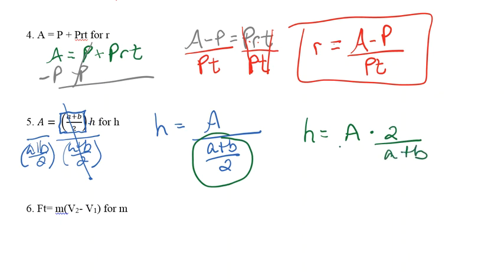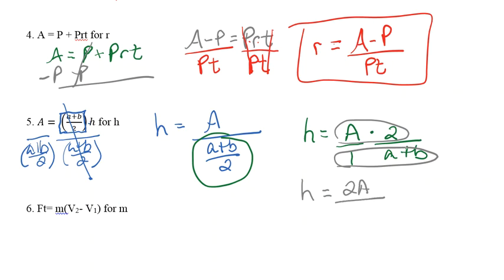Now A itself doesn't have a bottom, so I can give it a 1. That won't change its value. So now I'm just going to put the tops together and the bottoms together. So h ends up equaling A times 2 is 2A, 1 times a plus b is still a plus b. And this looks much nicer than what we had up here with the a plus b over 2 in the denominator.